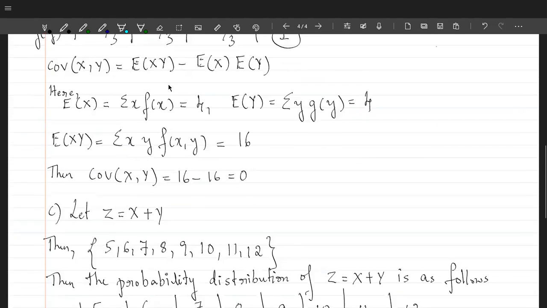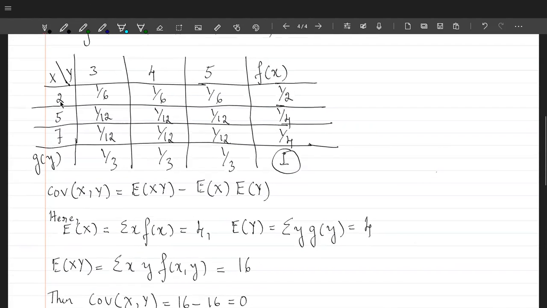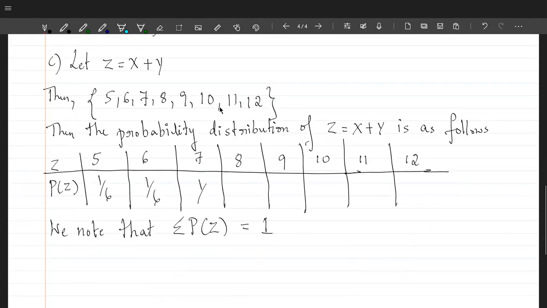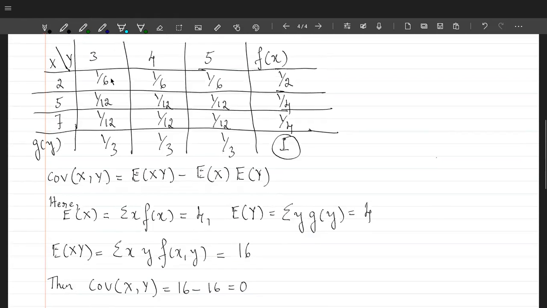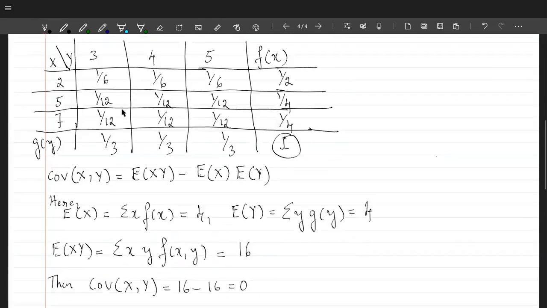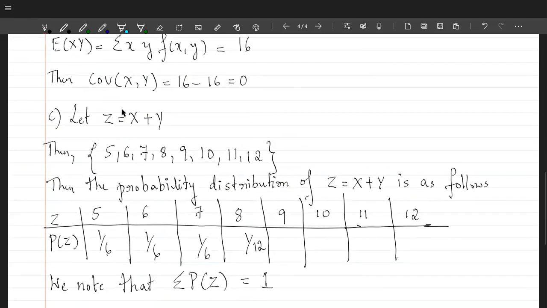Corresponding probability is 1 by 6. Then for 7, it is 2 plus 5. Again it is 1 by 6. Then for 8, it is 5 plus 3, which is 1 by 12. For 9, 5 plus 4, that is again 1 by 12.